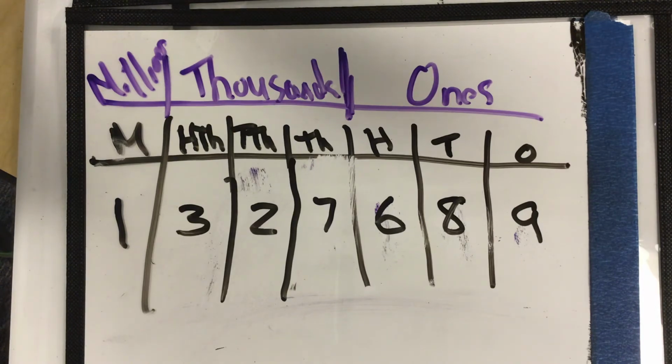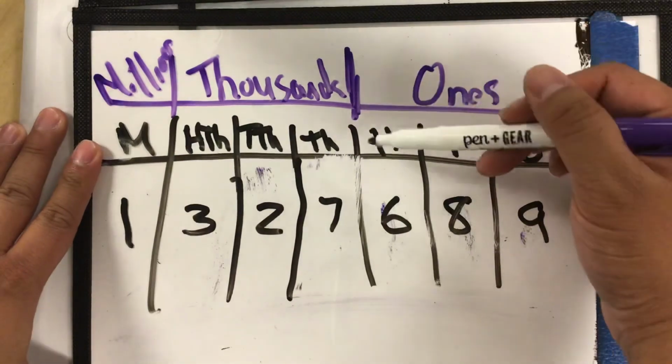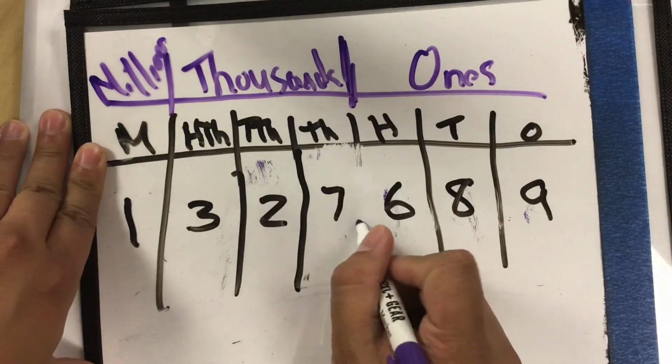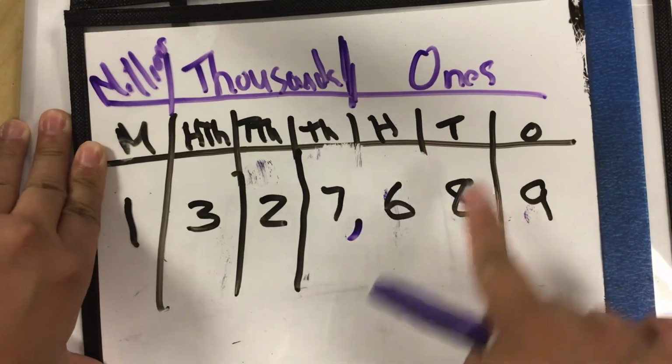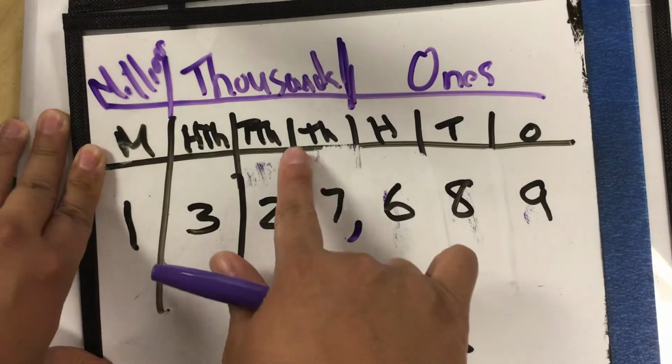All right, I hope you paused it and you gave it a shot. And now let's see, where do we put our commas? Well, remember, the commas will always go right where there's a break for the base 1,000. So I'm going to draw it, comma will be right there. I'm just erasing the lines to make it easier to see the number.